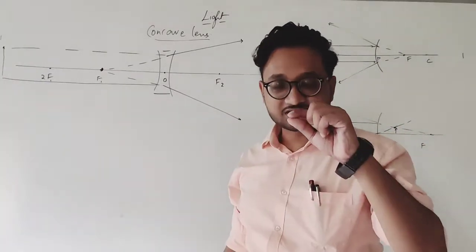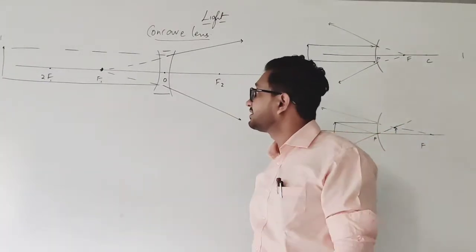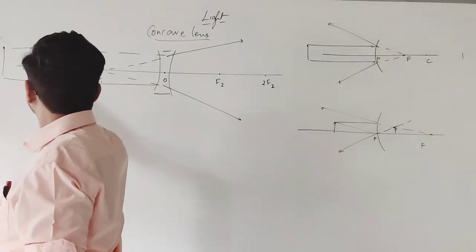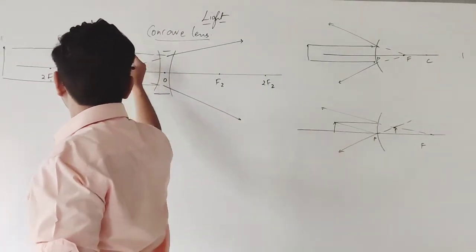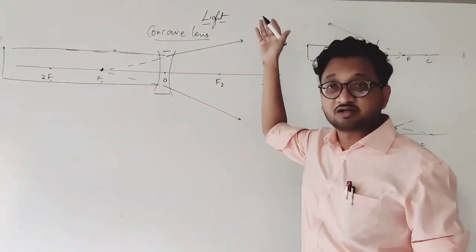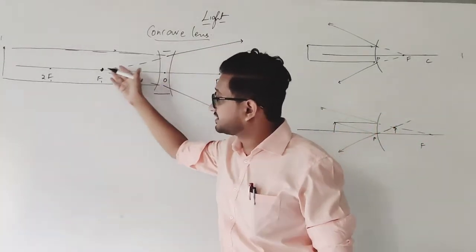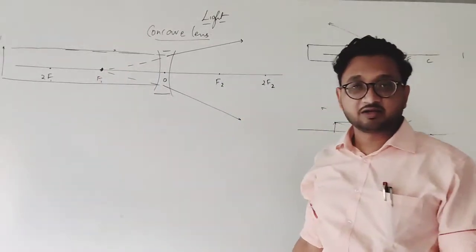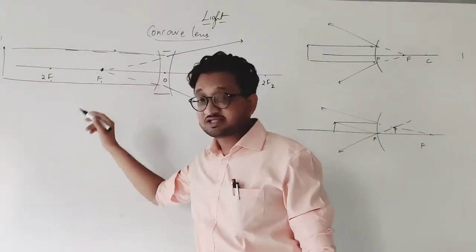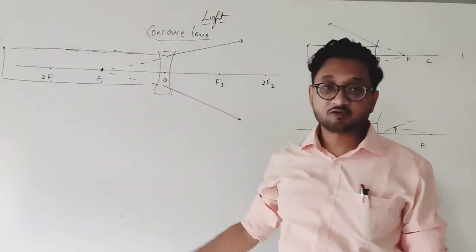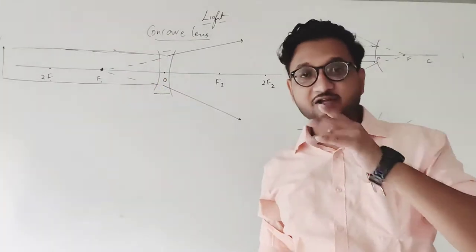So the rays of light were going like this and get diverged on that side after refraction, and then when we take the virtual ray on the principal axis, it is on the focus, because we know that a parallel ray of light always meets at focus after refraction.